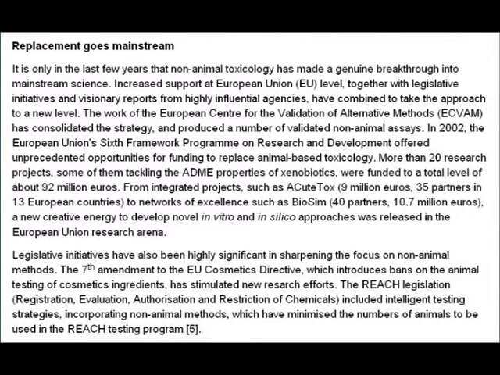"The work of the European Centre for the Validation of Alternative Methods has consolidated the strategy and produced a number of validated non-animal assays. In 2002, the European Union's 6th Framework Programme on Research and Development offered unprecedented opportunities for funding to replace animal-based toxicology.